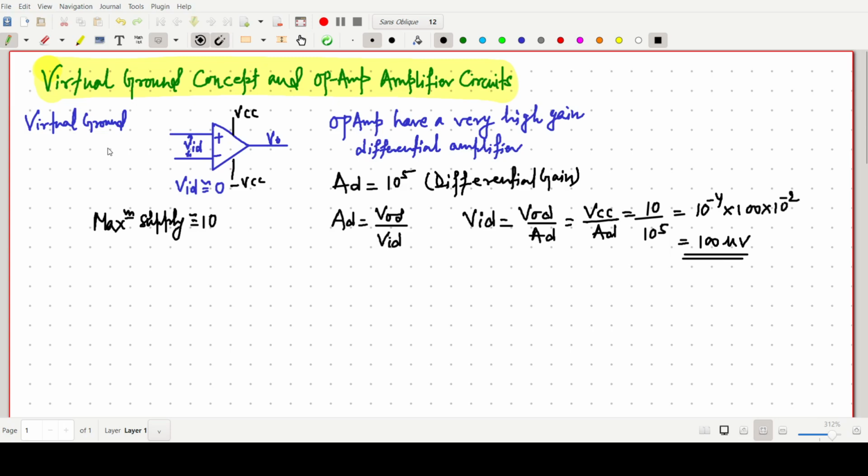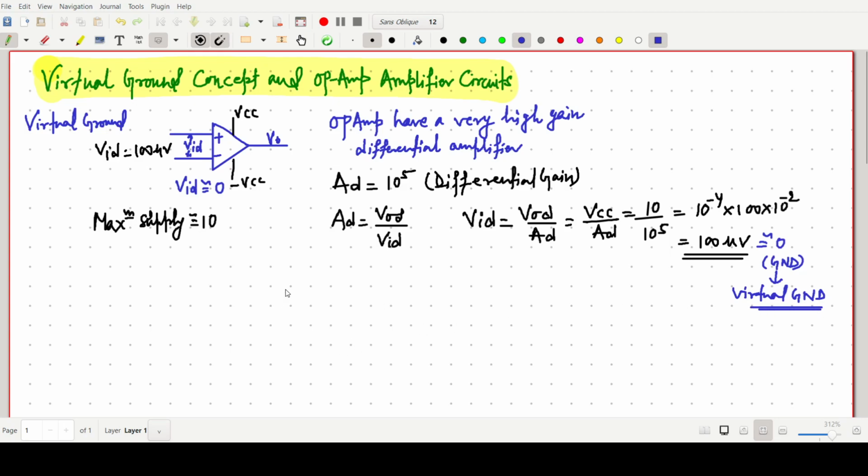So we can say this Vid value is nearly 100 microvolt. Okay, so this value is very less, or we can say it approaches 0. Ideally we are saying, so this one we can say as a ground, or we can say the virtual ground. Okay, so this one is a virtual ground.